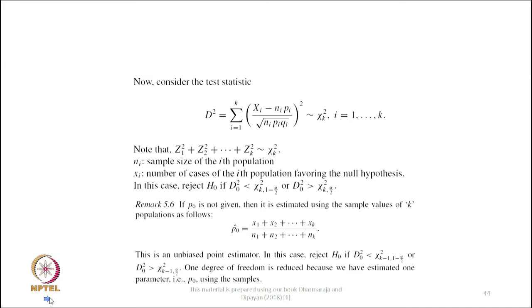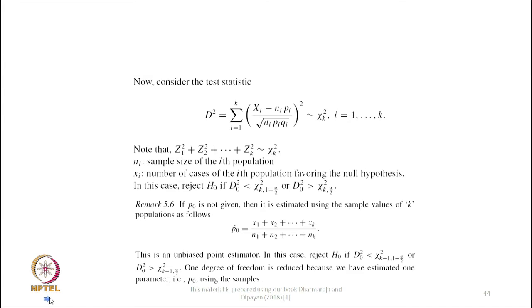And suppose the p naught value is not given, you are going to estimate the p naught. In that case, the degrees of freedom will be reduced by 1. So, now reject the null hypothesis if chi naught square is in the critical region, based on whether it is a one sided test or a two sided test. It is a two sided test.